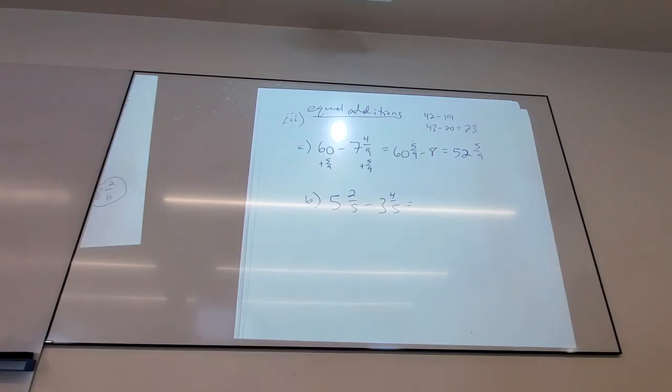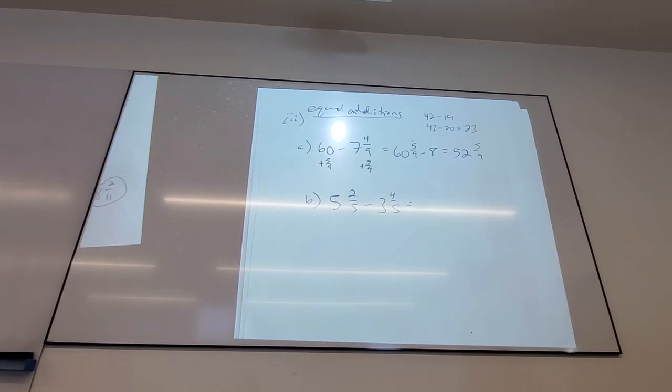So what do I look at to consider equal additions? Which part of this do I wish was different? Besides the whole thing that existed. Which of the two pieces do I wish was a whole number, for example? Yes? Either one of the numerators. Oh, I see.